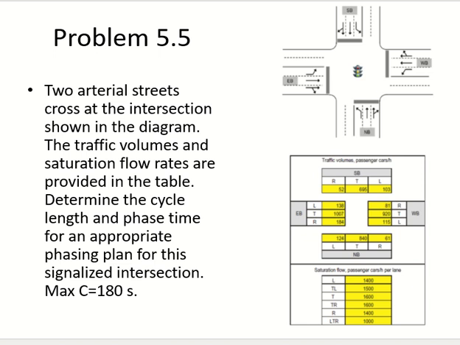Clear? They have given us a whole table, but we will only pick the values which are applicable. Through is applicable, left is applicable, through and right is applicable. The others are not applicable. So pick from this table the saturation flow rate for each lane group. We have 1400 for left turning, and the other two have 1600.